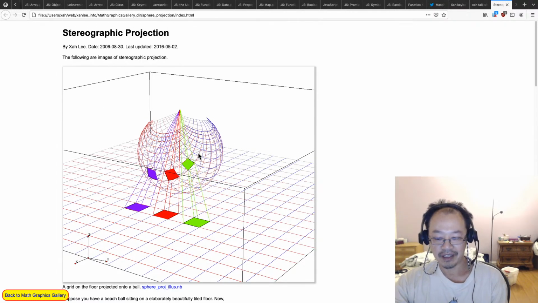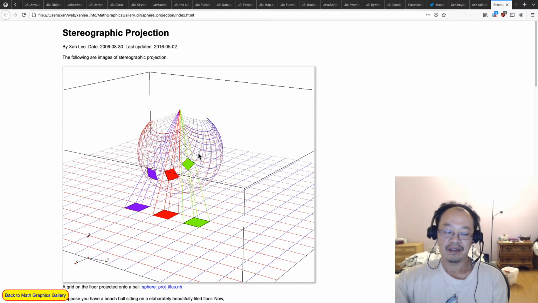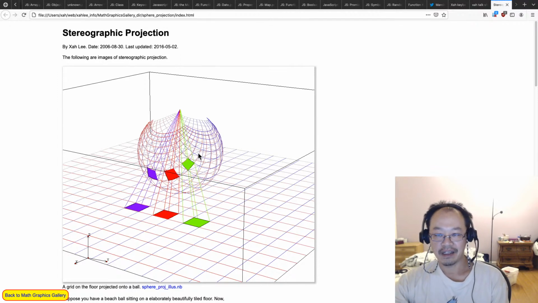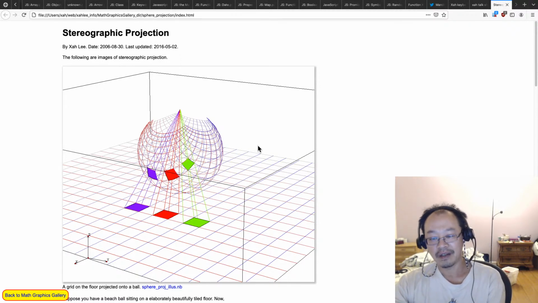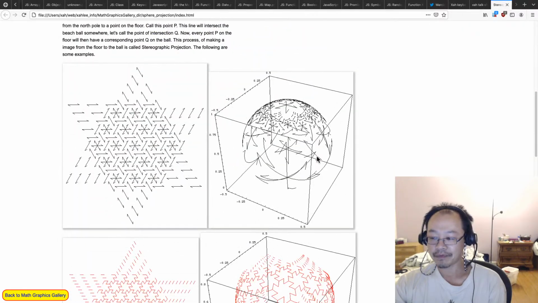But however, you cannot do that because math has its own history. You cannot just change a word arbitrarily or change some concept to a new jargon, because then it creates tons more confusion. But anyway, this is known as stereographic projection. You basically just project a sphere onto a plane.